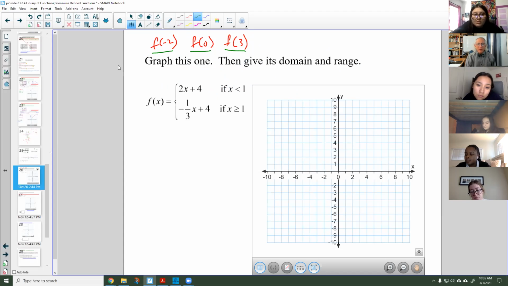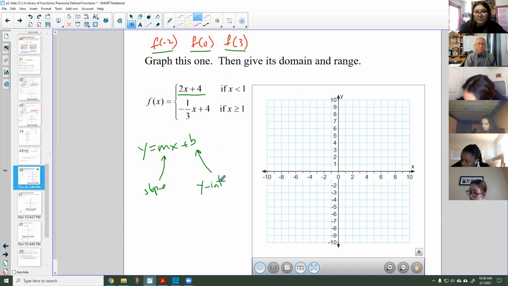But in terms of graphing this, I can graph this as a line. I know that y equals mx plus b, so this is my slope and b is my y-intercept. I would start with 4 because that's my y-intercept, and then my slope is 2, so that means up 2 over 1, or over 1 down 2.